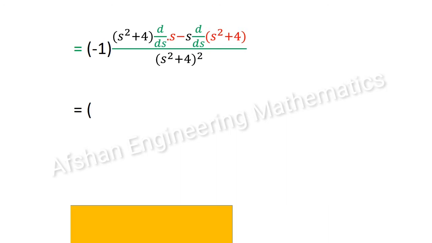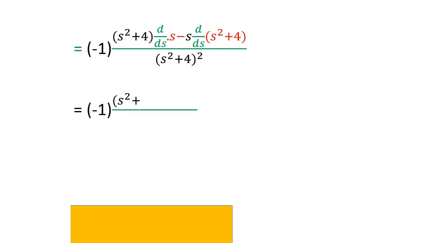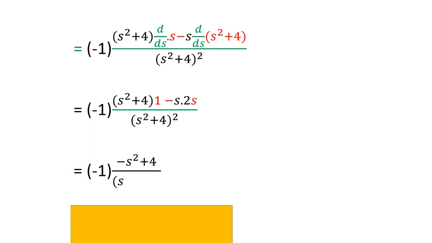After differentiating s, we got 1, and for s square plus 4, we get 2s. Simplifying this expression, we get minus s square plus 4 upon s square plus 4 whole square, or we can write s square minus a square upon s square plus a square to the power 2.